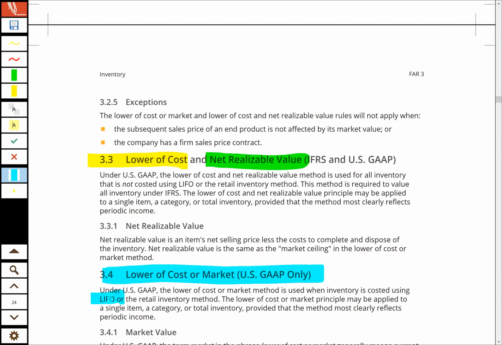We're going to get into the different cost flow assumptions here in a little while. US GAAP is the only thing that allows LIFO. IFRS does not.